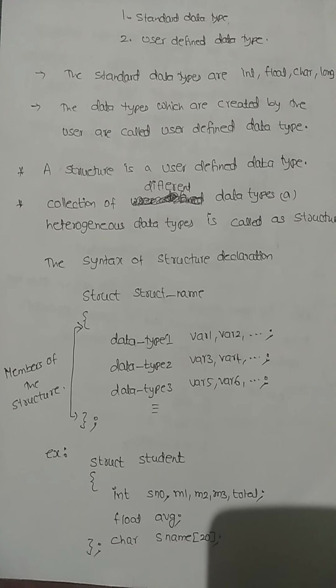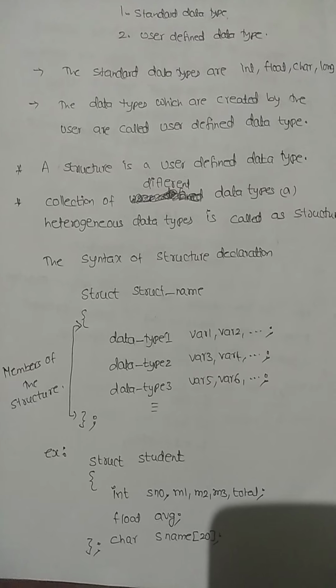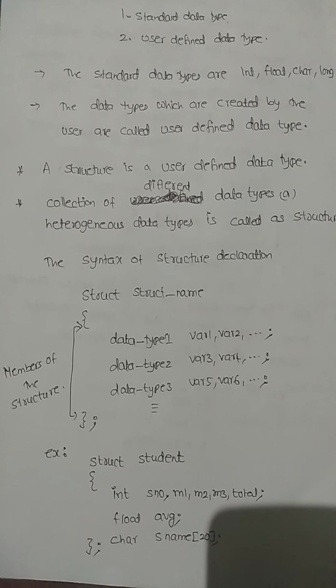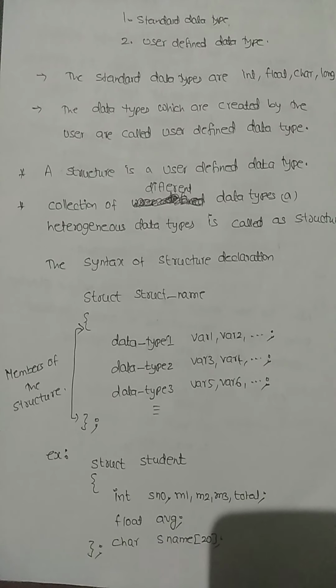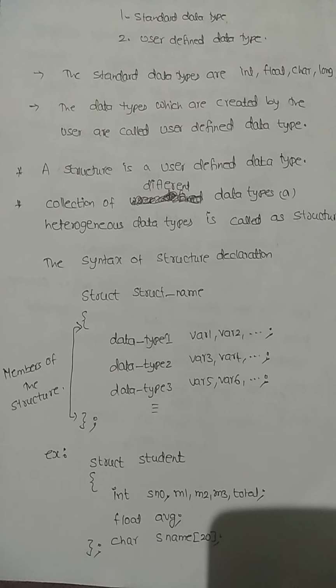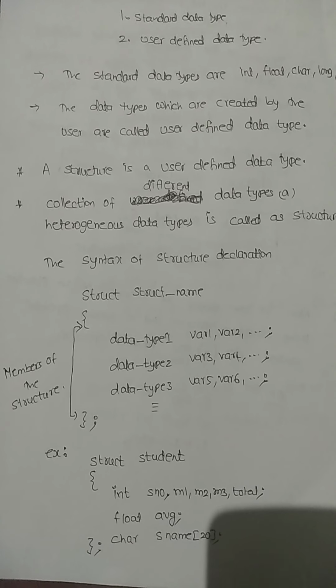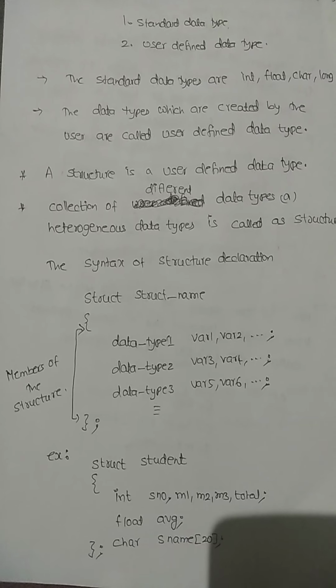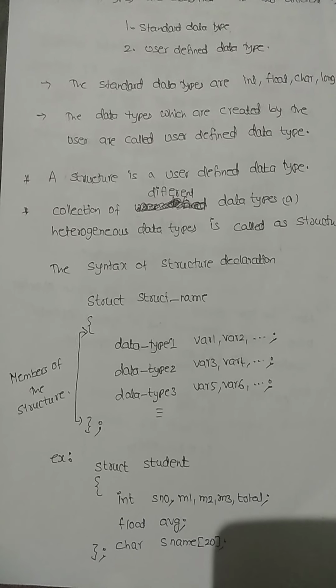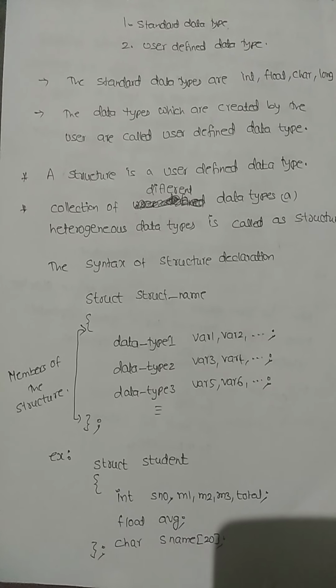Here you can specify different data types: data type 1, data type 2, data type 3, and close the bracket, and that must be terminated with a semicolon.